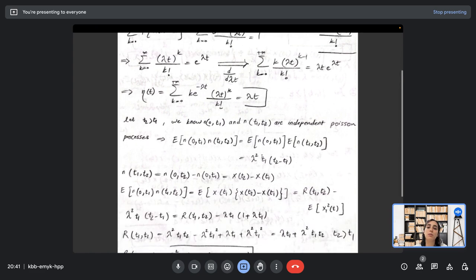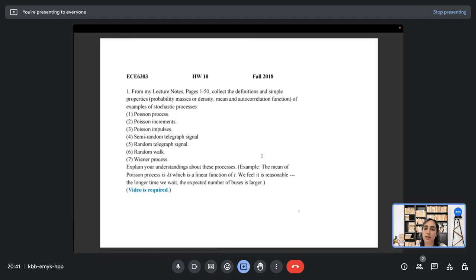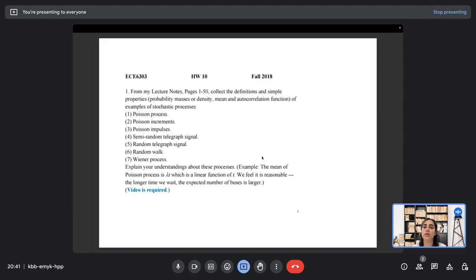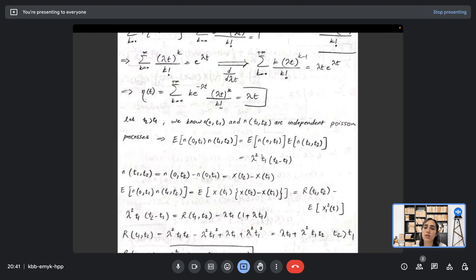And now we want to calculate the autocorrelation. To calculate the autocorrelation function for the Poisson process, we should use a trick.